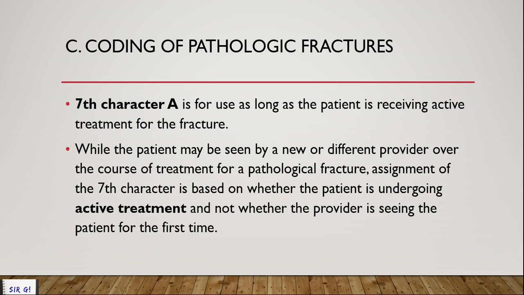Coding of pathologic fractures. Since we're talking about chapter 13, we're talking about pathologic. When you say pathologic, the patient suffered a fracture due to an underlying condition. Meaning, the fracture happens due to certain conditions, which we're going to tackle later on, about your osteoporosis.